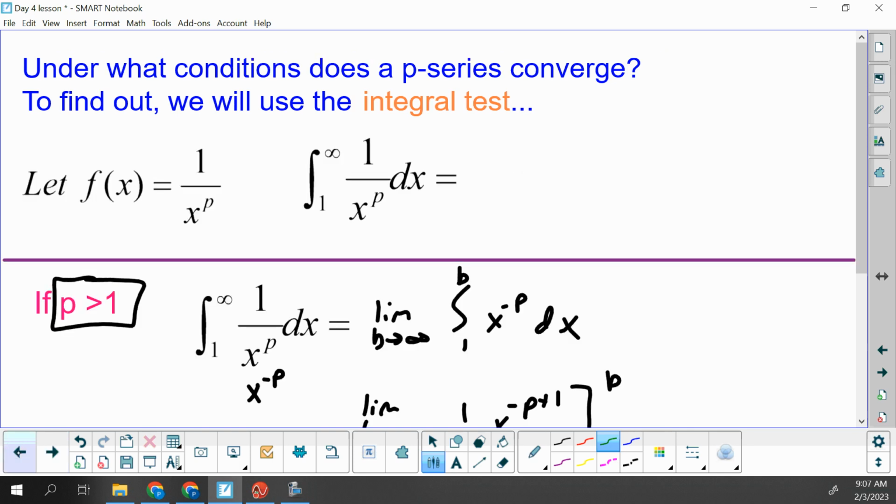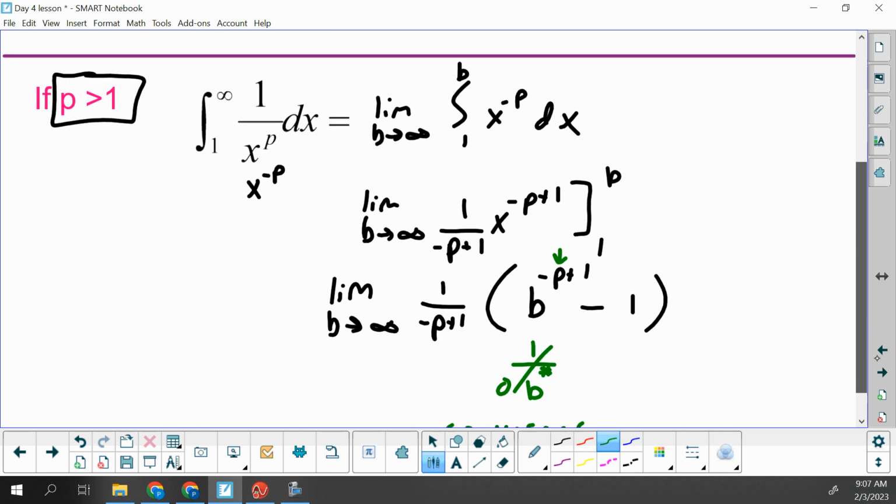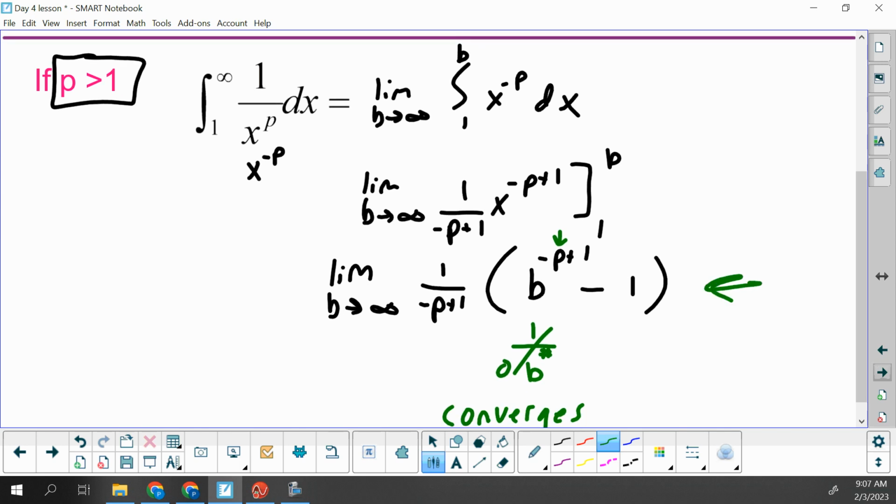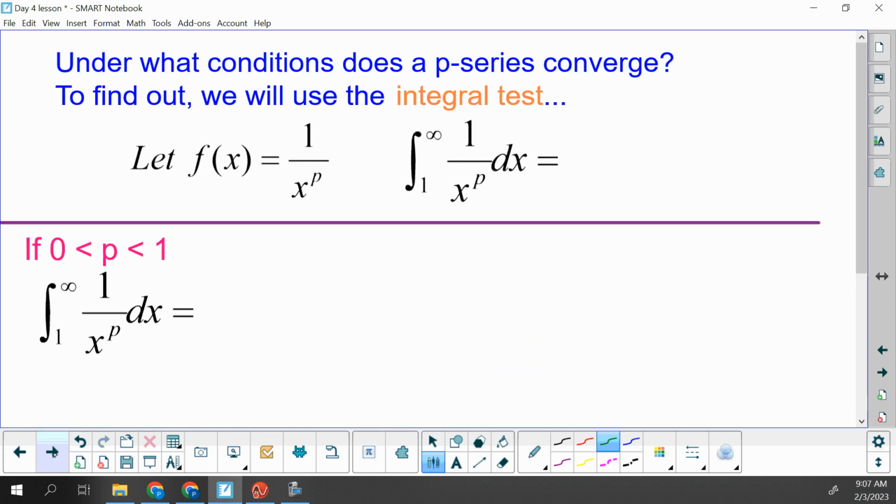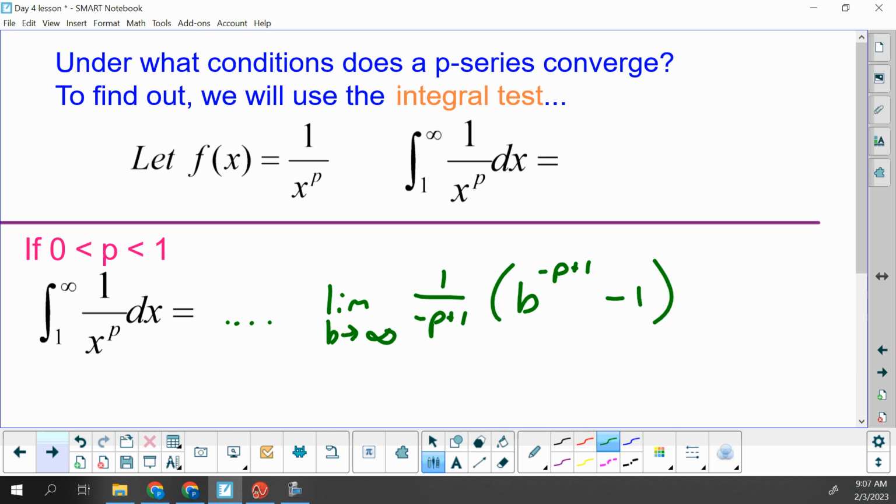Rather than doing the whole process out, because we're starting the same, I'm going to jump to right here. So we've got limit as b approaches infinity of 1 over negative p plus 1, times b to the negative p plus 1, and then we have minus 1. And the big thing we got to focus on is this term here.